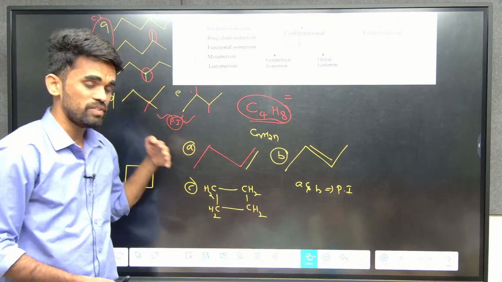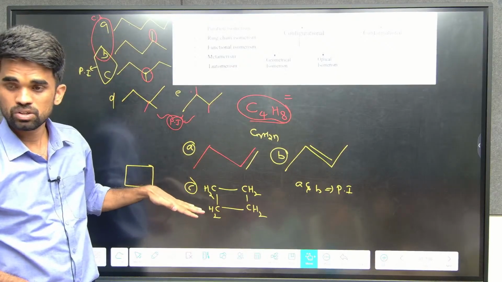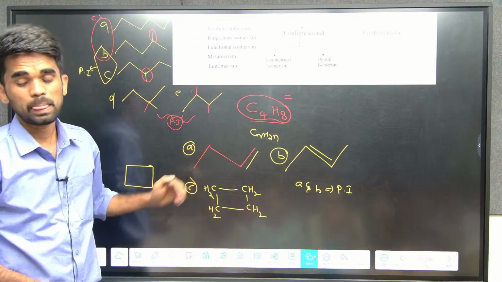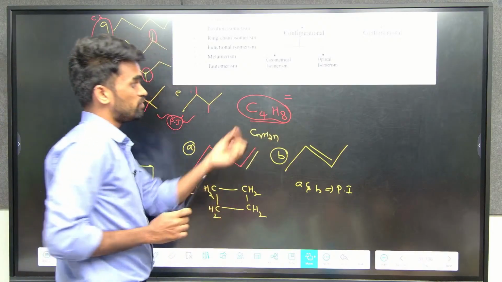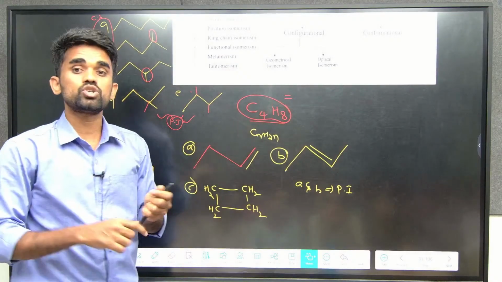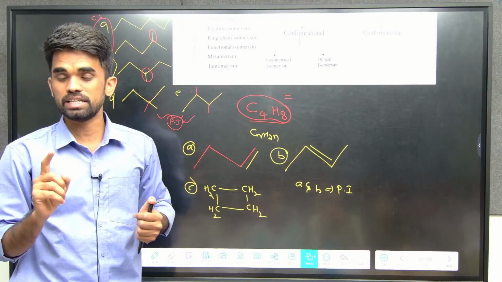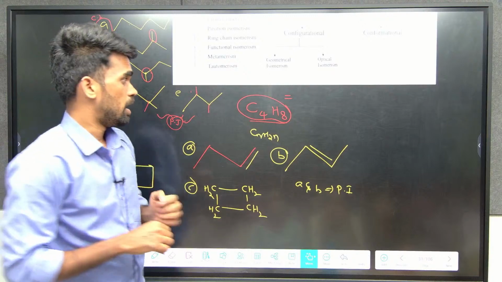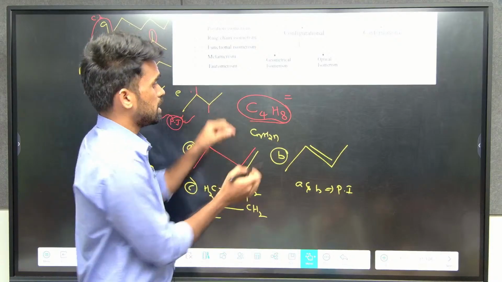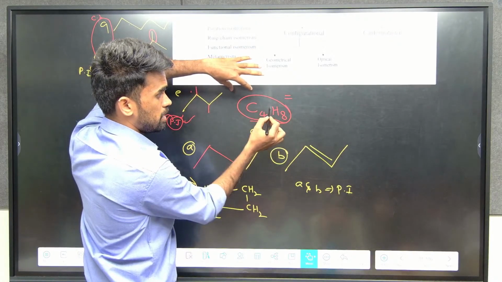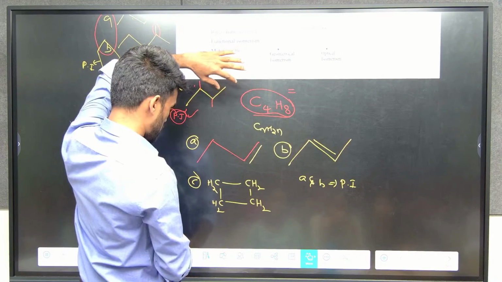So one will have an open chain, the other will have a ring. One more thing you need to identify. When one pi bond is there in this compound, you should say it is 1 degree of unsaturation. So sir, exactly tell me how to identify how many degrees of unsaturation. Given the chemical formula, compare it with the alkane.